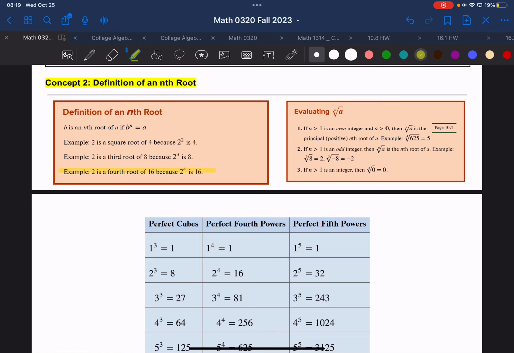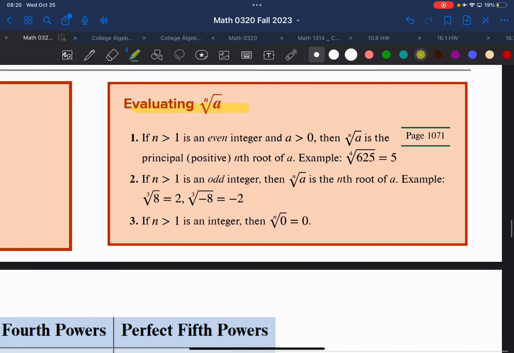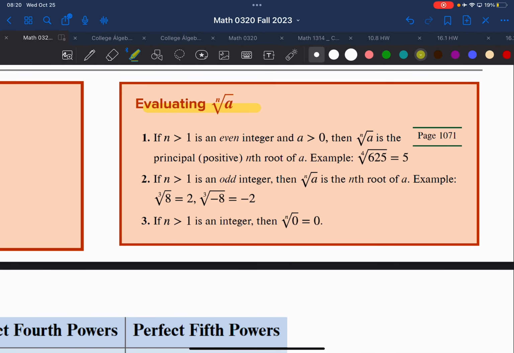Same with evaluating the nth root of a number. So this is just describing the nth root, this is evaluating the nth root. So in the example here, let's zoom in right here. We have the fourth root of 625, meaning we're looking for the same number that, if we multiply it by itself 4 times, gives us 625.